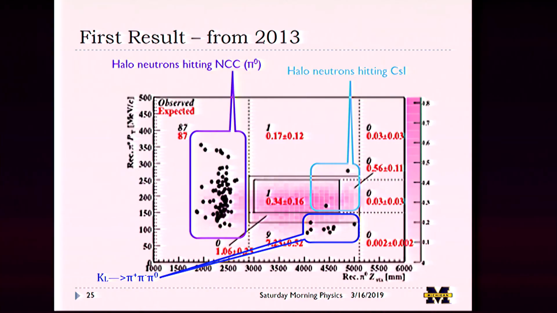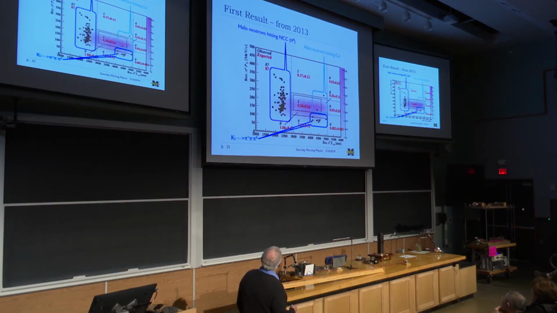This is our first result from our first 100 hours of taking data. The axes here are, this is the distance along the detector. So this is coming into the detector, going through the vacuum, and getting to where our cesium iodide photodetectors are.